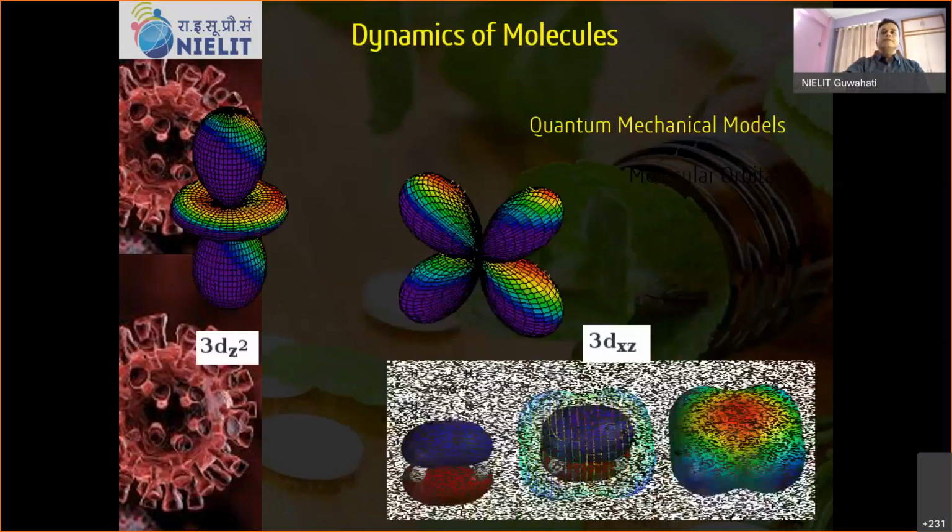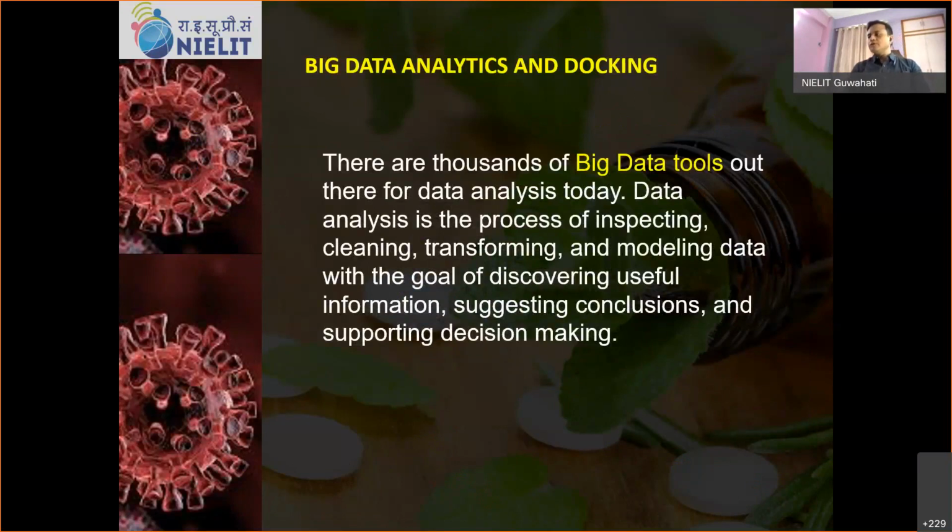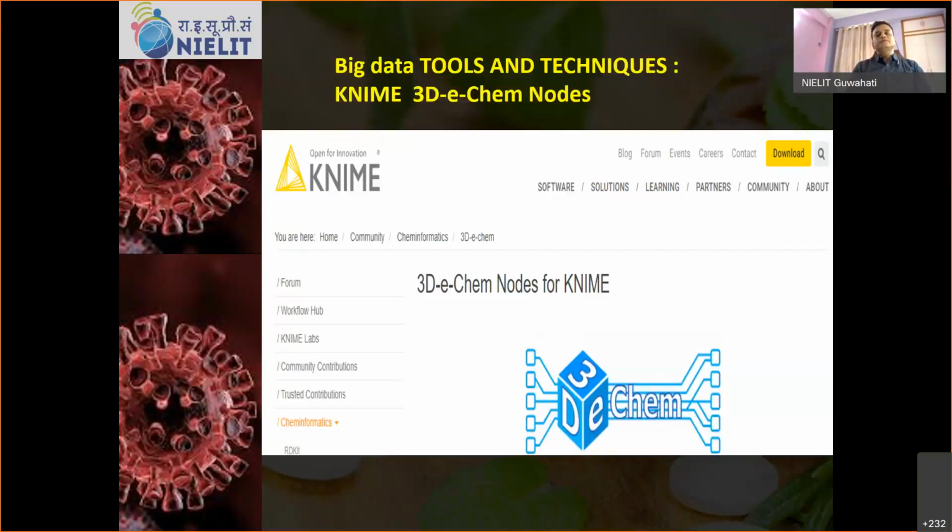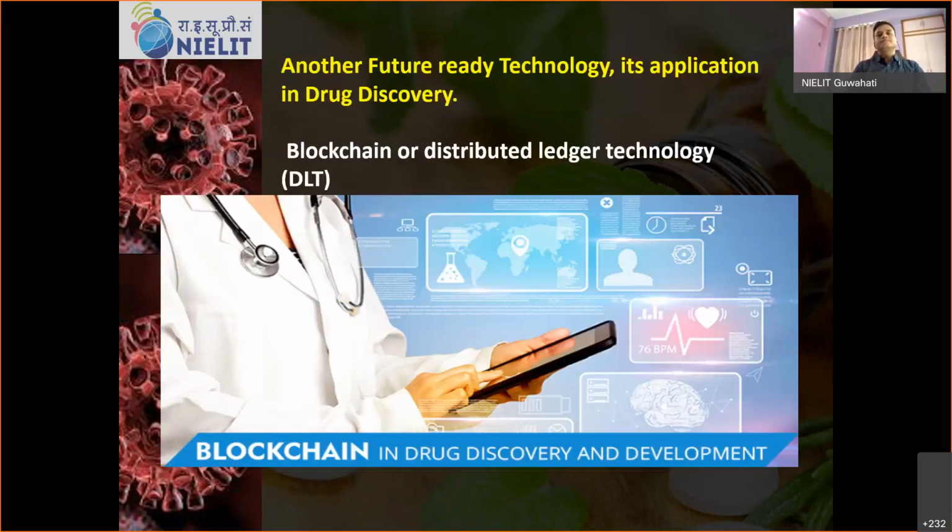Big data analytics tools are being used recently, because biological data is already big data, so platforms like KNIME can be very useful for big data analytics, typically in terms of AI-based drug development, with tools and techniques right from the modeling of protein structures to the identification of the right molecule for the right target.